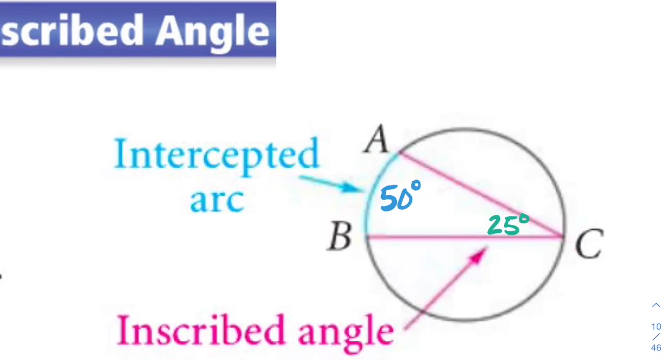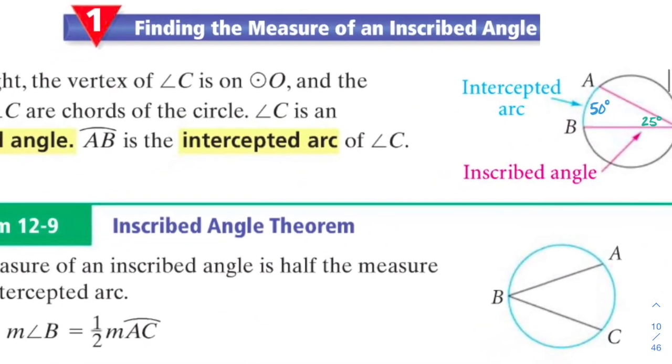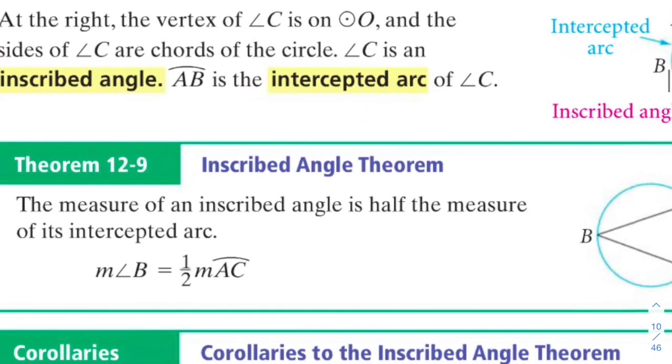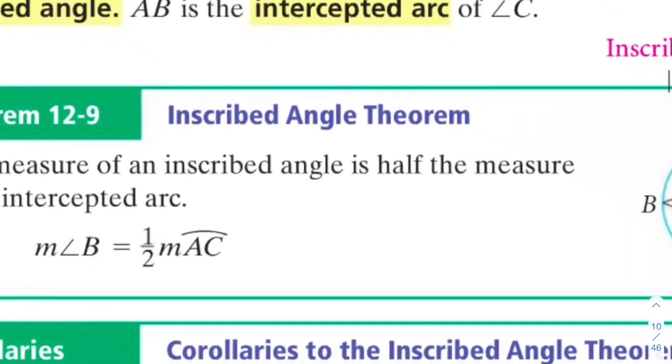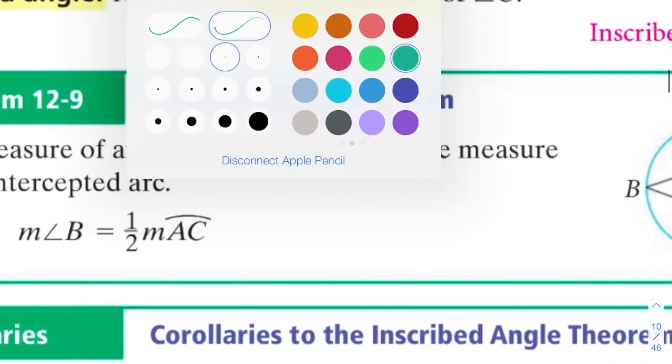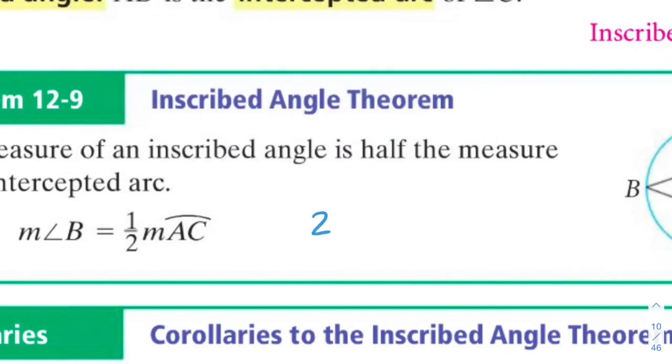Or I can reverse that and say the arc that's intercepted by the inscribed angle is always double the angle. And that leads us to the inscribed angle theorem. So the measure of an inscribed angle is half the measure of its intercepted arc. We could also write this down, that 2 times the measure of angle B is equal to the measure of arc AC.